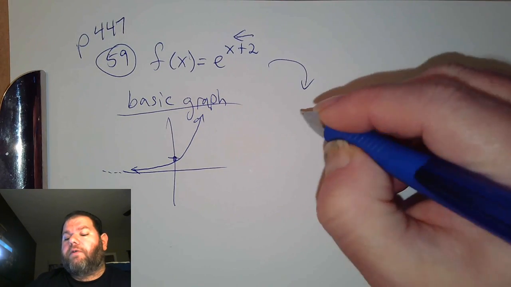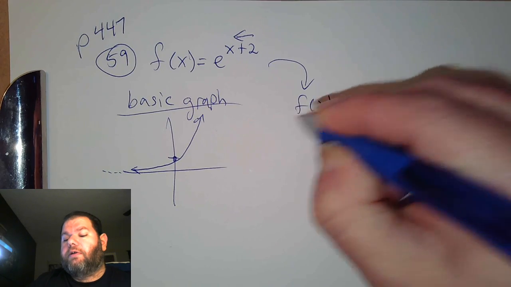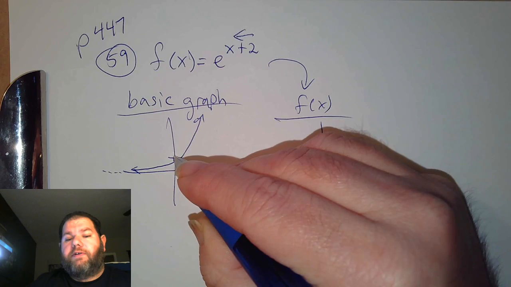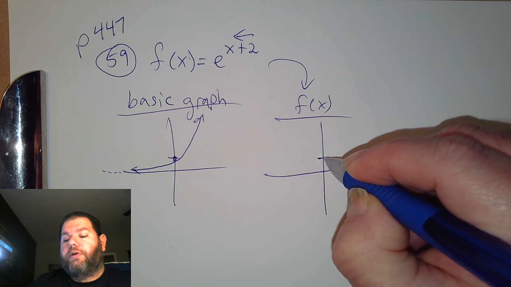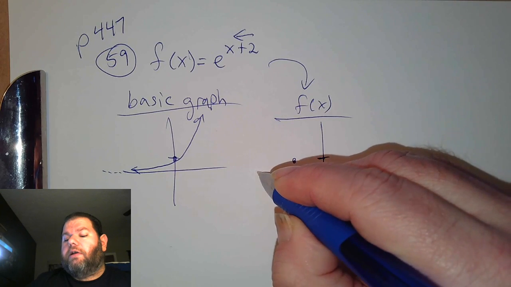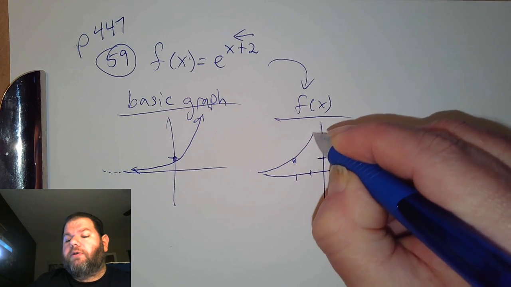So our graph for f of x, instead of it starting at 0, 1, we take that point and move it left 2 places here, and we draw the same curve.